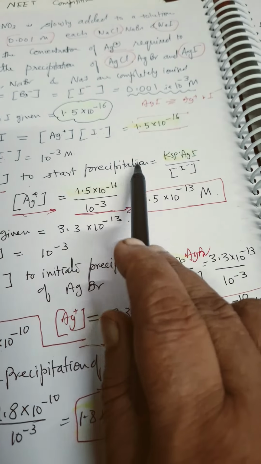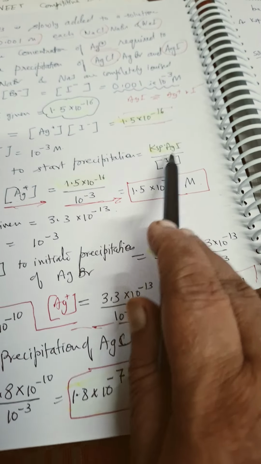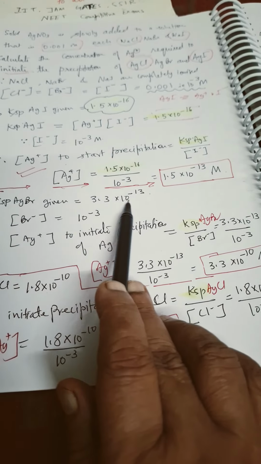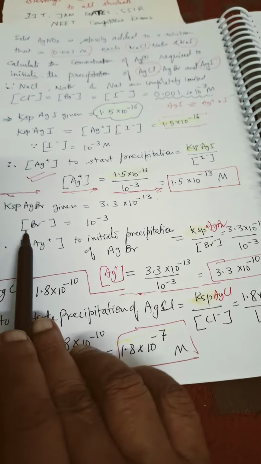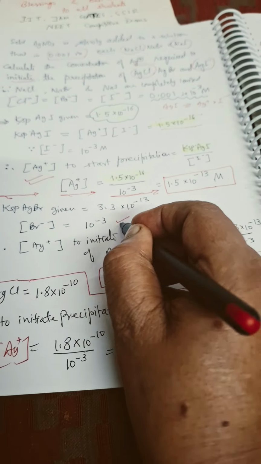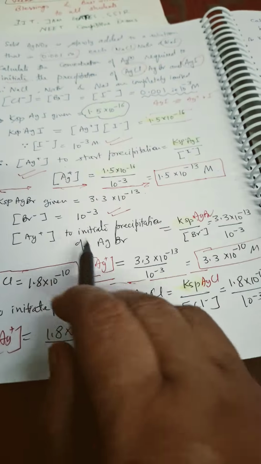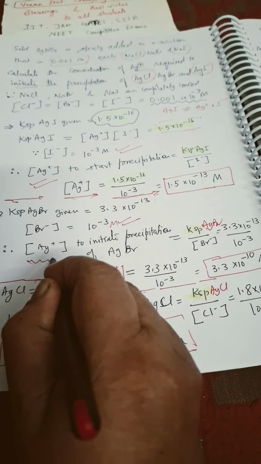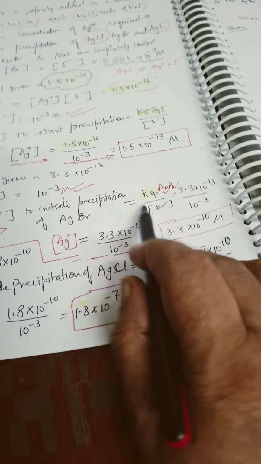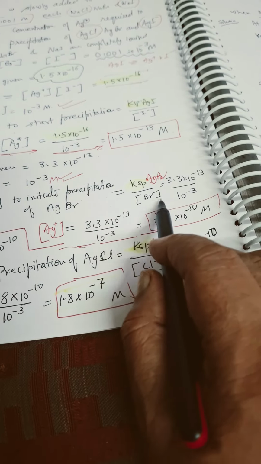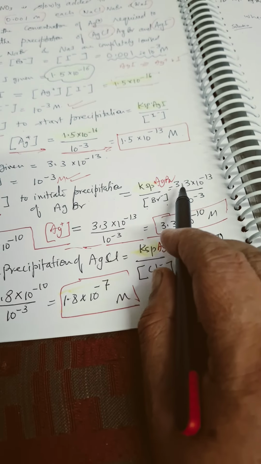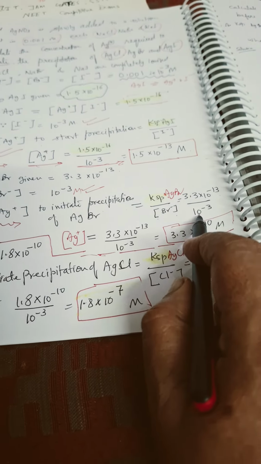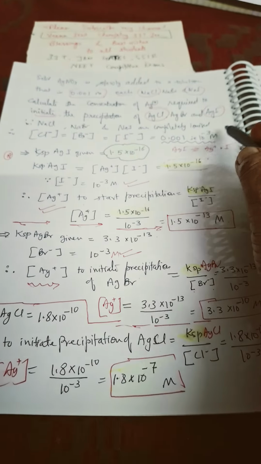So Ag+ to start precipitation is Ksp of AgI divided by the molar concentration of I-. Like that, for AgBr, Ksp is given as 3.3 into 10 to the power minus 13. Same way, Br- concentration, which is common for all, is 10 to the power minus 3 M. So Ag+ to initiate precipitation will be Ksp of AgBr divided by the Br- concentration, that is 3.3 into 10 to the power minus 13 divided by 10 to the power minus 3, which we have calculated earlier.